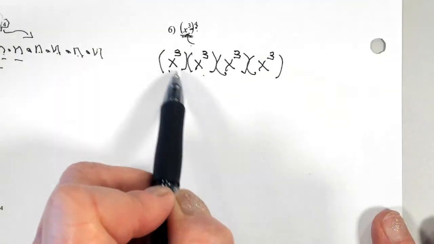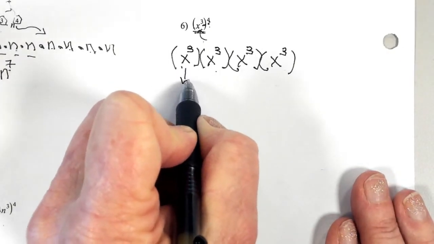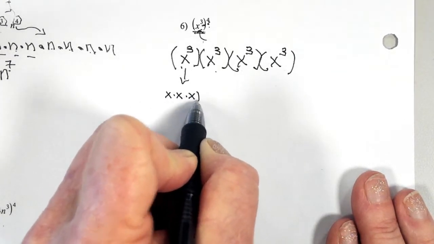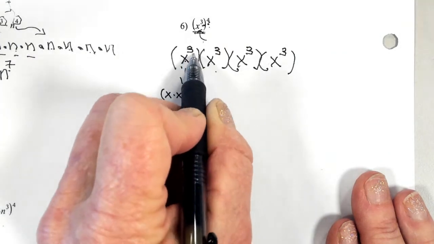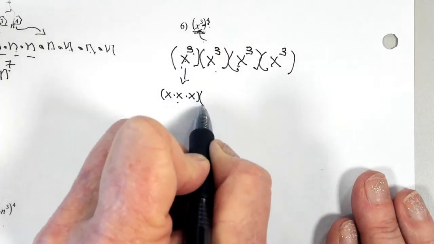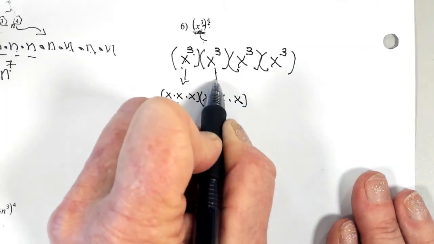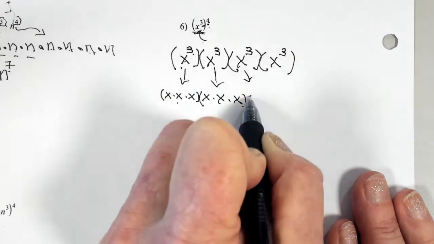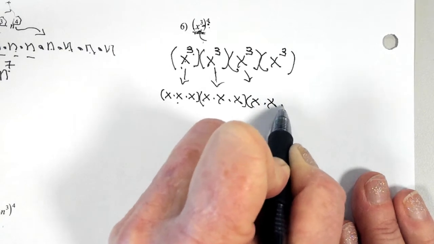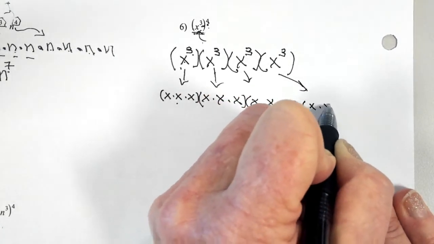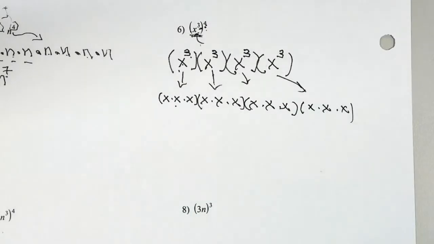I can take this one step farther and go x times x times x, because that's what this means, repeated multiplication. And again, x times x times x, and again, and one more time.